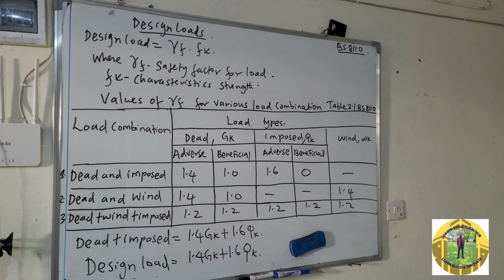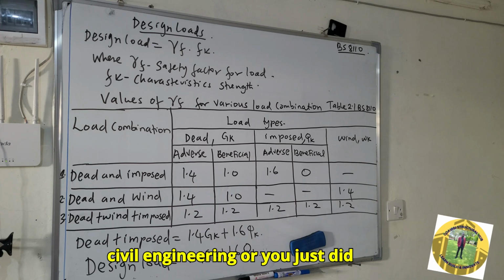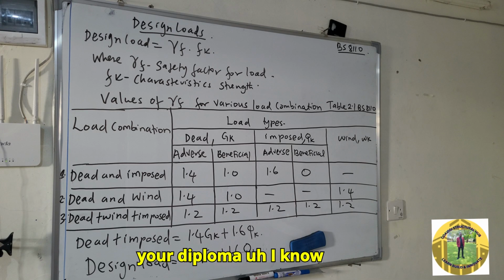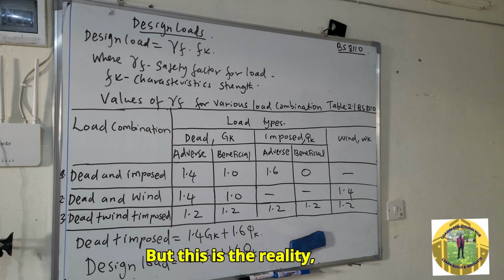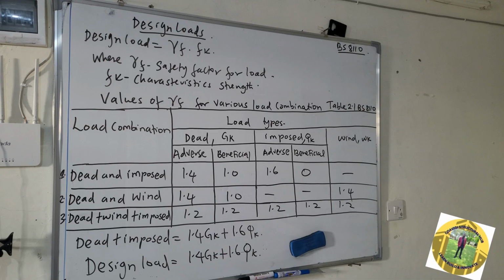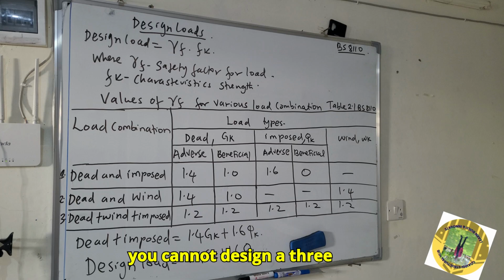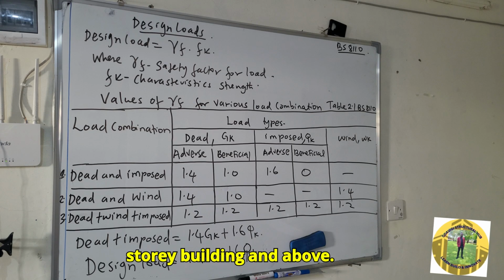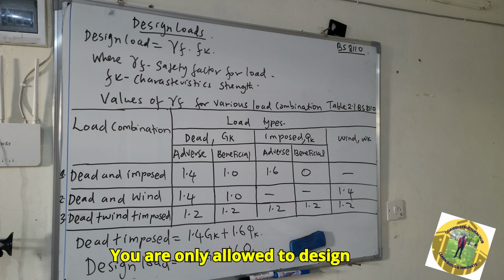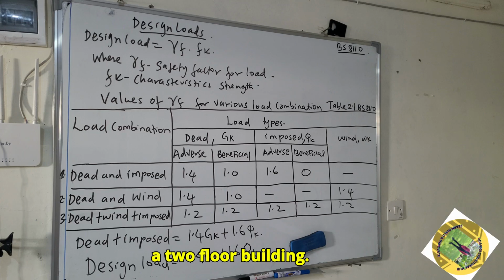And if you are pursuing a diploma in civil engineering, or you just did your diploma, I know that you may not be aware, but this is the reality. You cannot design a 3-story building and above. You are only allowed to design a 2-floor building.